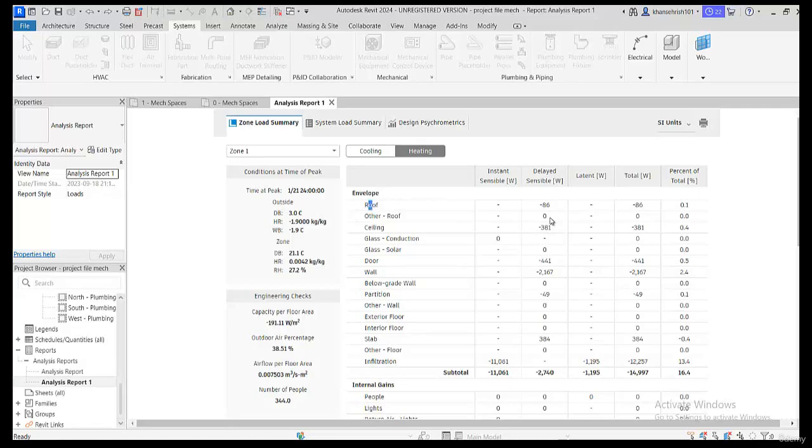From the roof, as you know the internal space is at 21 centigrade, so the heat goes away from the room, which is -86. The 21 is the dry bulb condition that we maintain in the room. So the heat transfer from indoor to outdoor through the roof is -86.